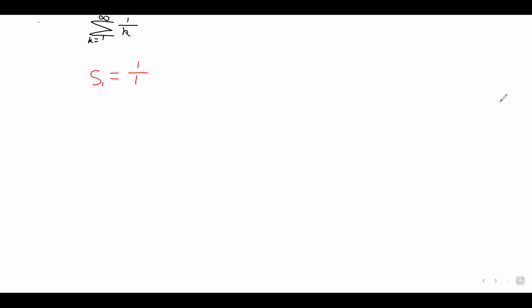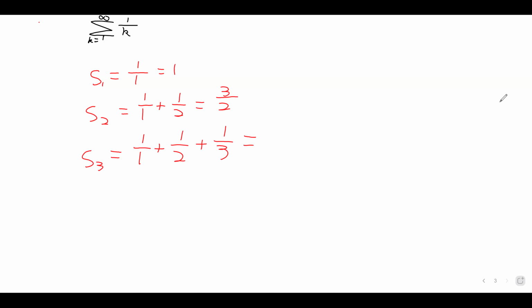Well, it's fine, as for what the partial sums are. S sub 1 is 1 over 1, which is 1. S sub 2 is 1 over 1 plus 1 over 2, so 1.5. S sub 3 is 1/1 plus 1/2 plus 1/3, which is 3/2 plus 1/3.